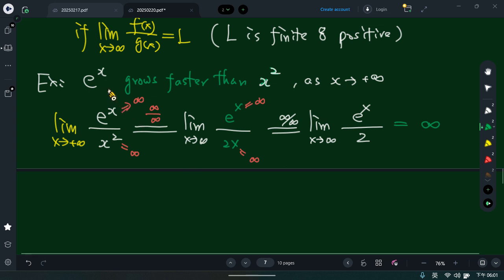You can also imagine that any polynomial function or other power is slower than e to the power x.